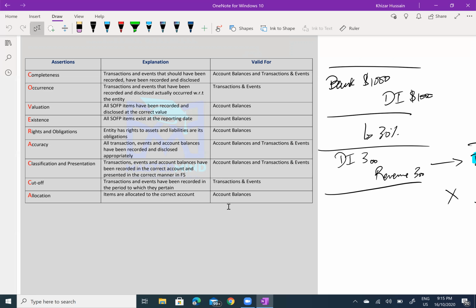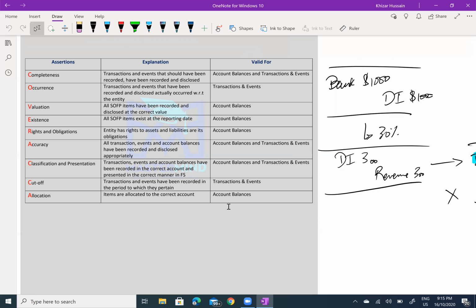And allocation is valid for account balances. So there are technically three assertions that are valid for all of them, which is completeness, classification and presentation, and accuracy.